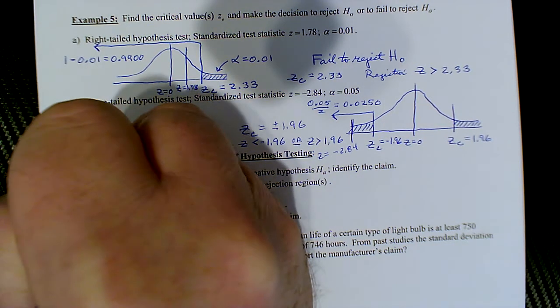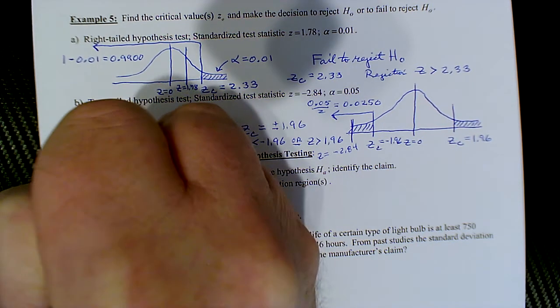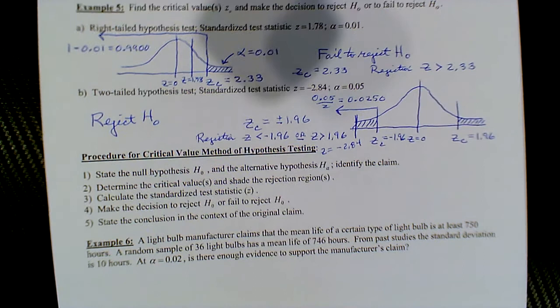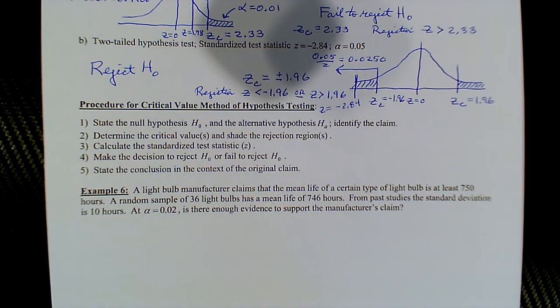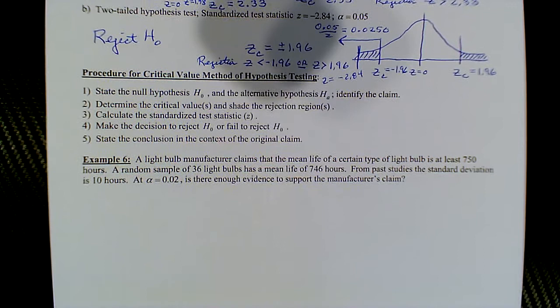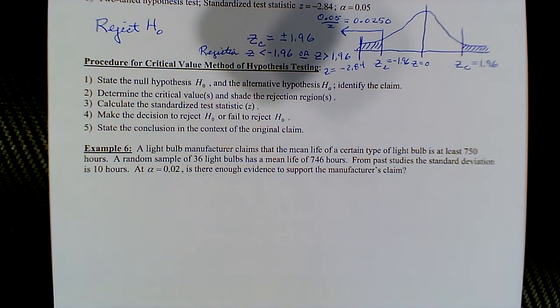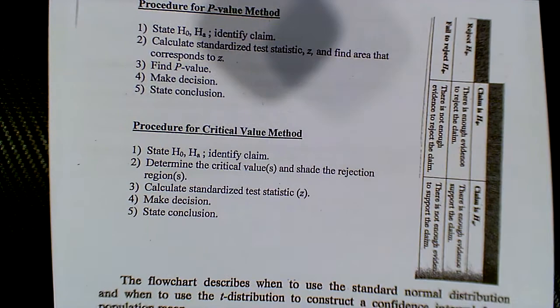Okay, so now we're ready for the actual 5-step procedure. It's summarized there, also summarized on our cheat sheet for the final exam. And as I had mentioned, steps 1, 4, and 5 are identical, and steps 2 and 3 are the only difference.